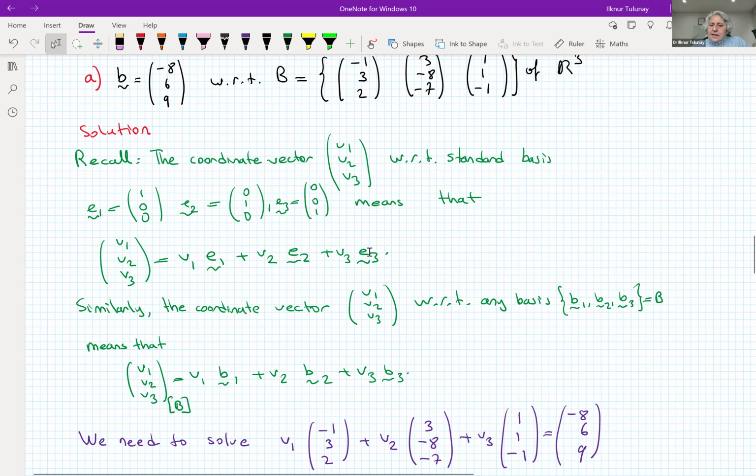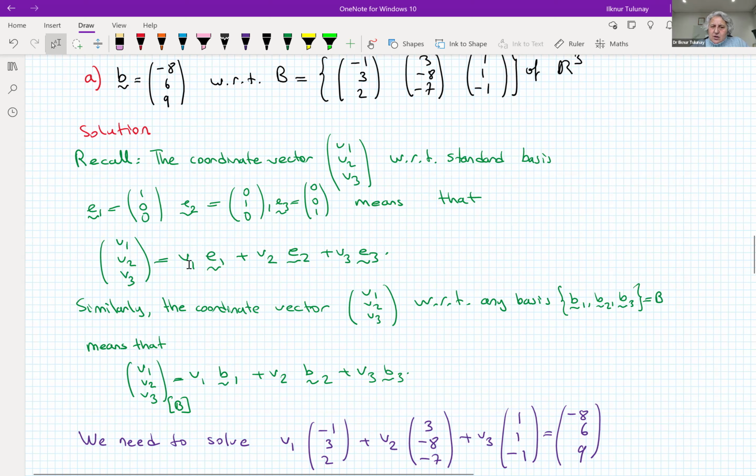Exactly the same idea holds for the coordinate vector with respect to the other basis B. It means that the vector will be a linear combination of the basis elements of B. If the numbers are v1, v2, v3, then this is v1 e1 plus v2 e2 plus v3 e3.